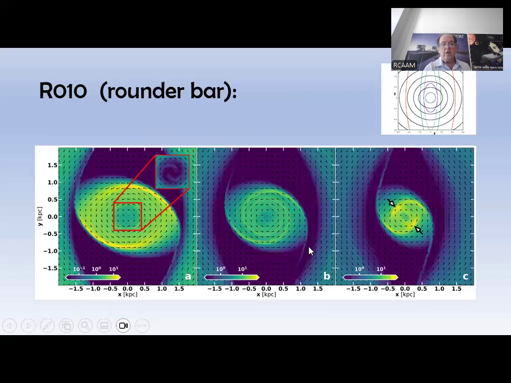So let's see another model, a model where the bar is rounder. So the ratio of the two axes of the bar is closer to 1. We have a round bar, and this is the result here. In the cold case, at 2 kilometers per second, we could see the leading spiral feature. It was there.